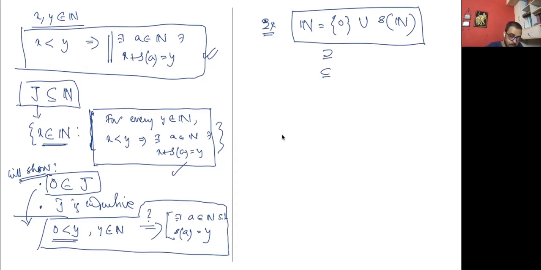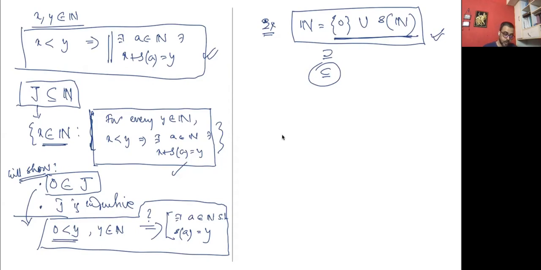So for example, this right hand side definitely contains 0, the way it has been defined. You try to show that the right hand side is inductive, then you will get this inclusion. It's an inductive set containing 0, so N would be contained in that, and so on. And the right hand side is contained in the left hand side. For that, that would be in fact even easier. So you try to write down a complete proof of this statement.